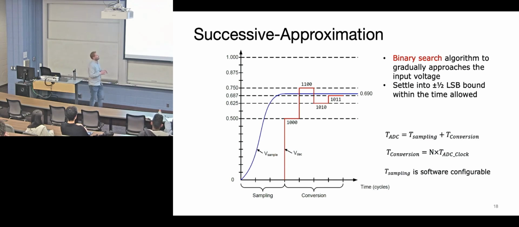This is an example of how the binary search would work. So you have some reference voltage here. Remember, we have the sample and hold stage on your ADCs in your lab kit or on your dev kit. They're going to have a sample and hold time, or a sample time, where they say it's going to take this many clock cycles to sample a value, and you can't go faster than that.